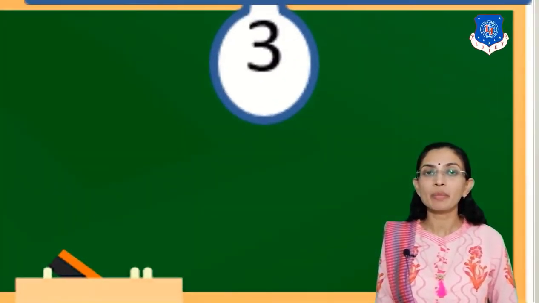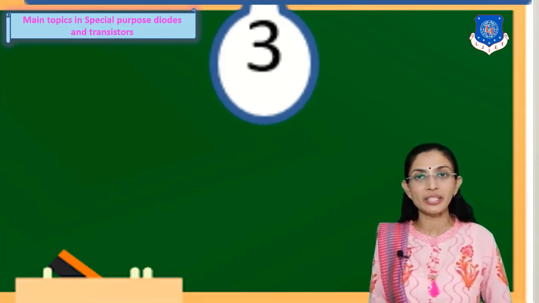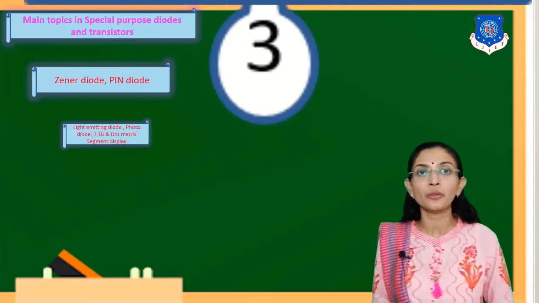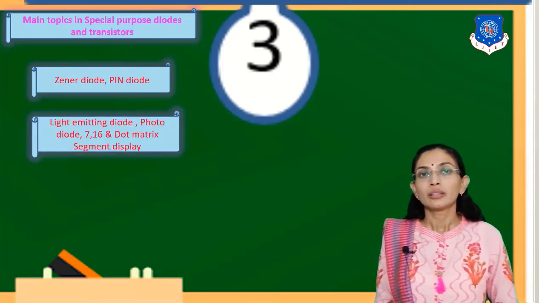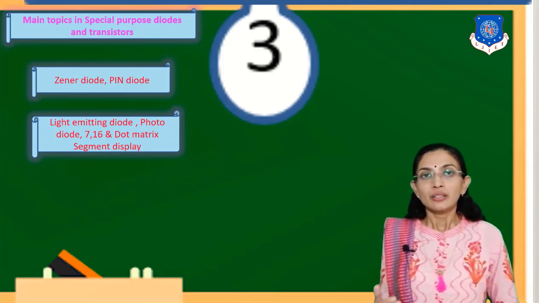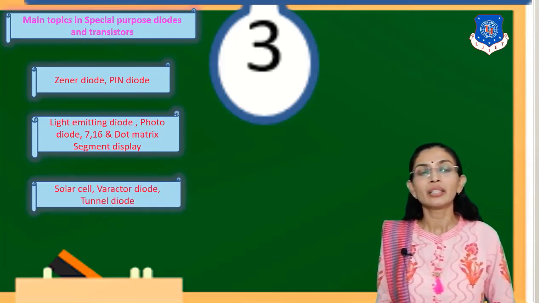Now let us discuss the main topics to be covered in chapter number 3, special purpose diodes and transistors, in which we will study the Zener diode, PN diode, light emitting diode, photodiode, and optoelectronic devices like 7 segment display and dot matrix display.